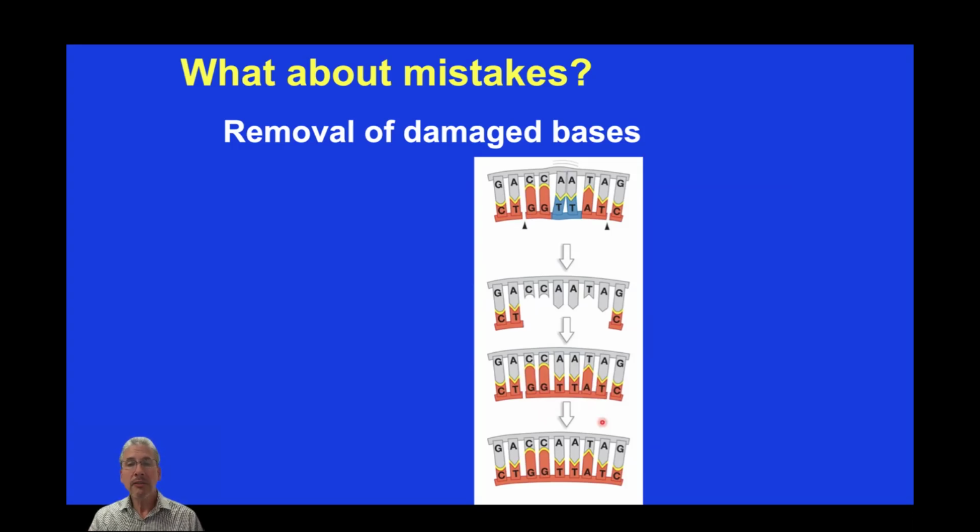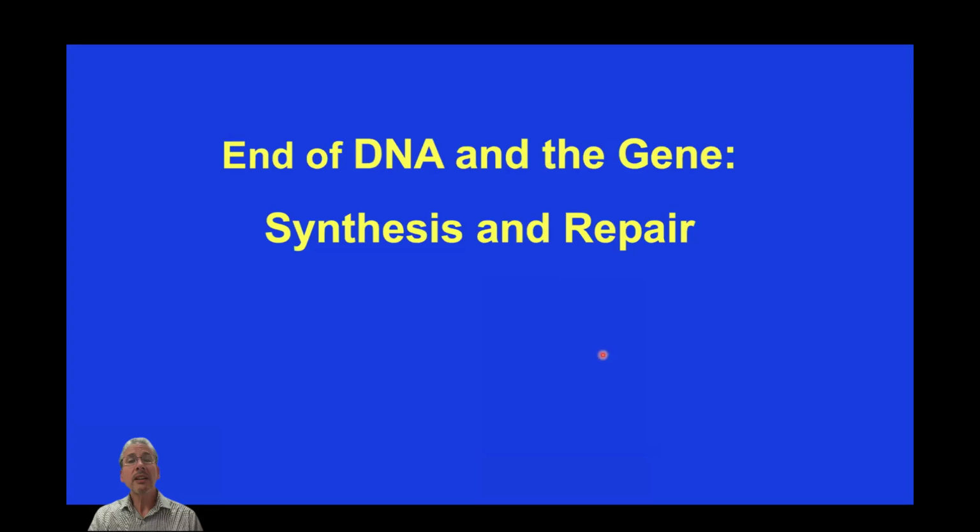So we do have protective mechanisms in place, fortunately, that can deal with damaged bases. But again, they don't work all the time, right? Mutations can occur, they can persist, and of course, they can potentially have very serious implications. So that concludes our brief discussion of DNA and the gene, synthesis, and repair.